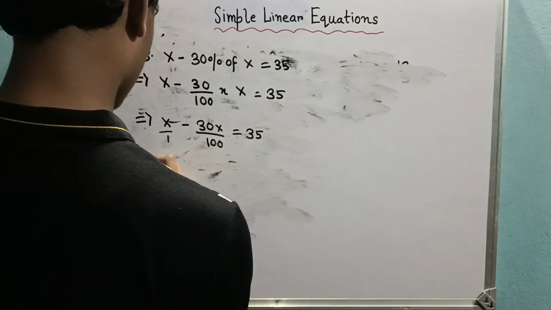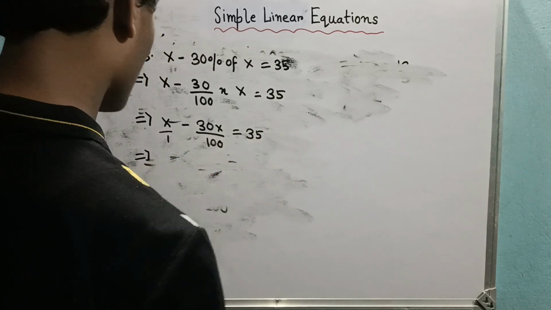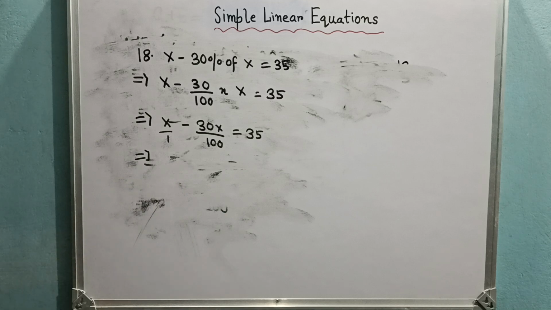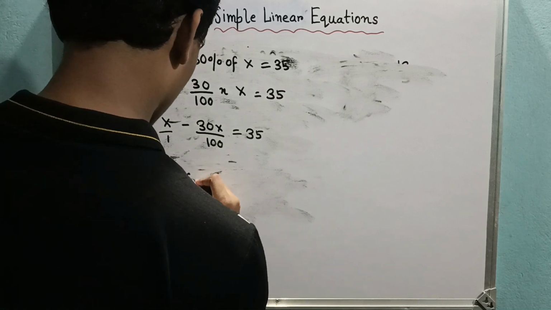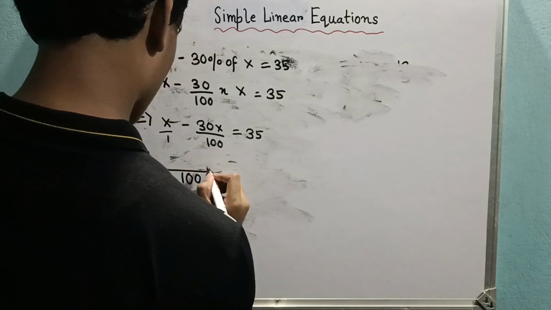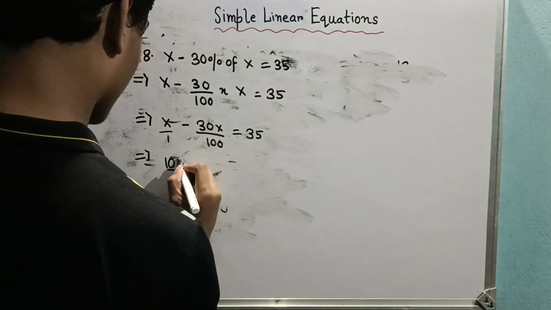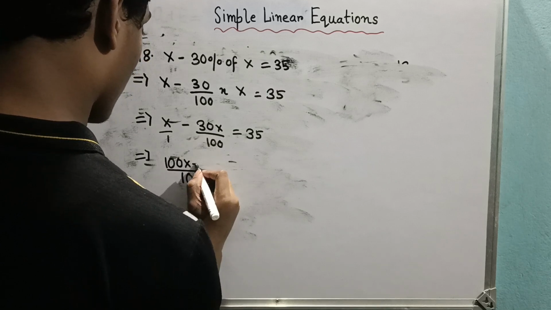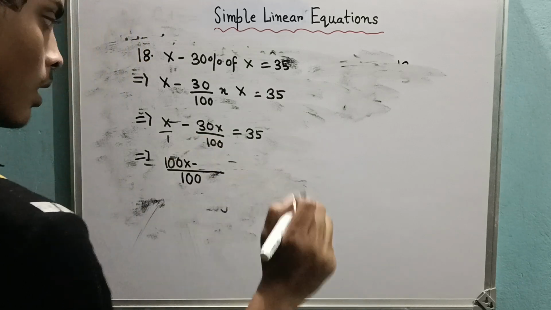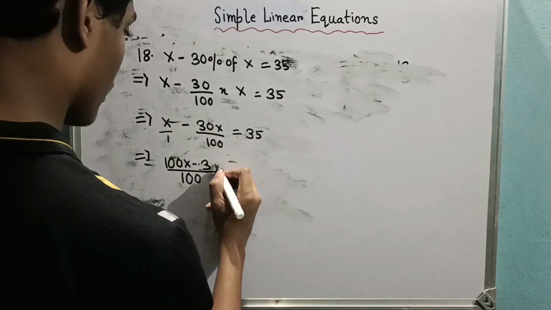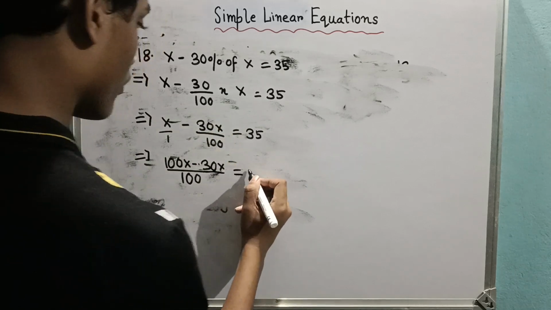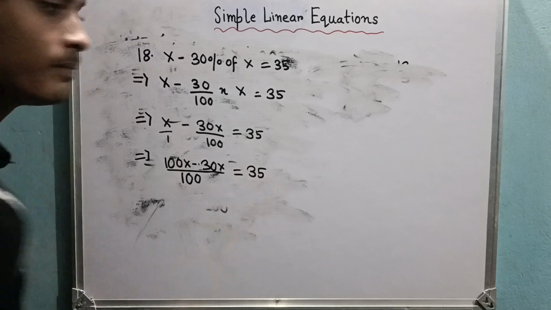Now let's set up 1 here, or the lowest common multiple of 1 and 100 without any calculations, it is 100 only. So 100 by 1, that is 100, into x, that is 100x, minus 100 by 100, that is 1, 1 into 30x, that is 30x, will be equal to 35.